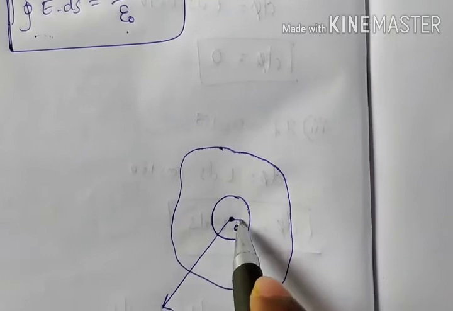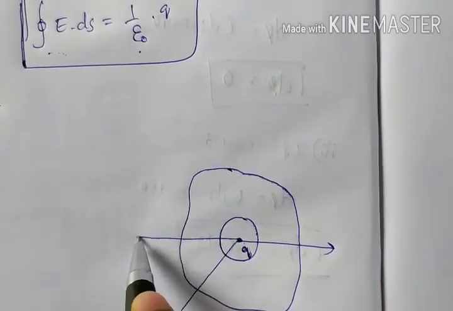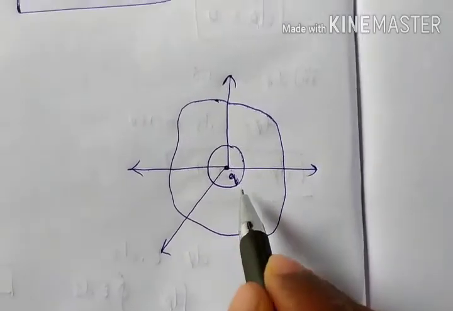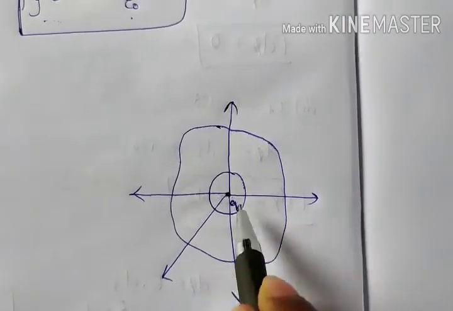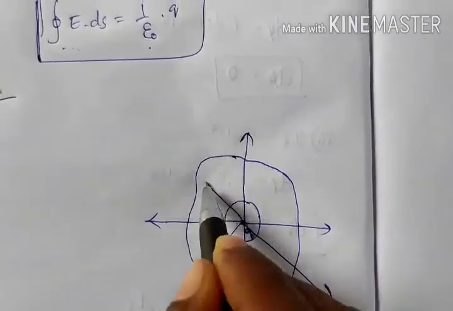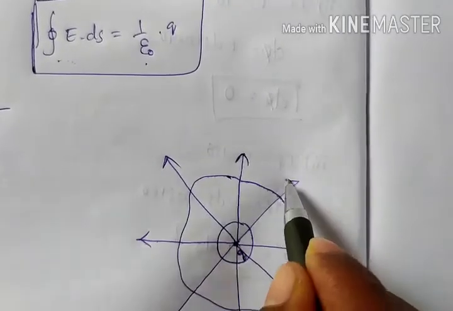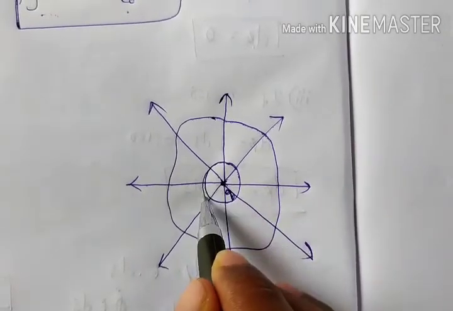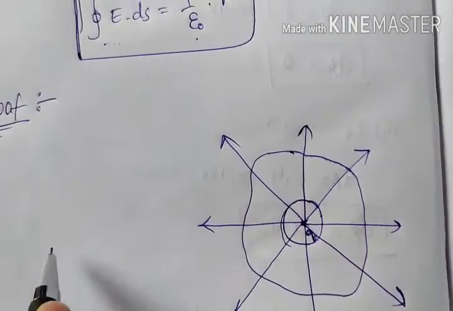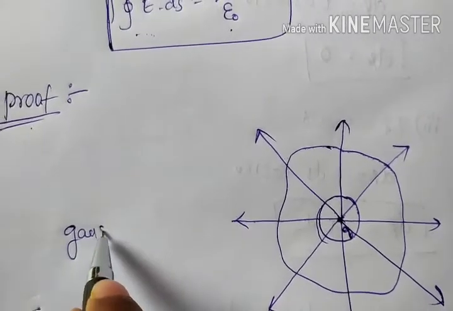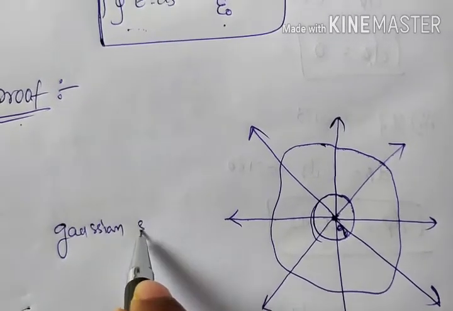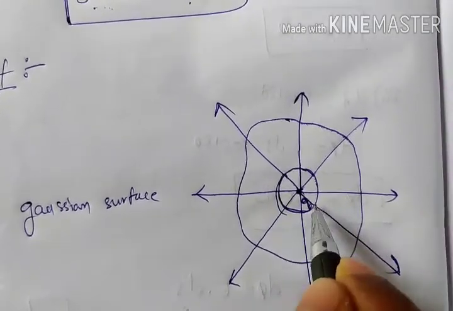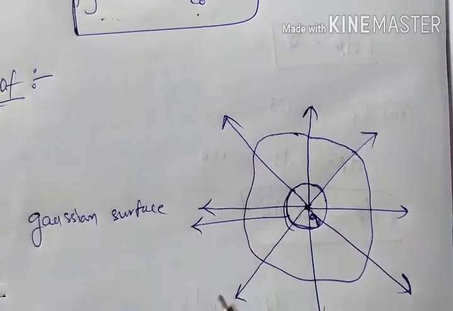Suppose this is a positive charge, then the electric field lines develop outward in all directions. Now I am considering this surface, which we call the Gaussian surface.